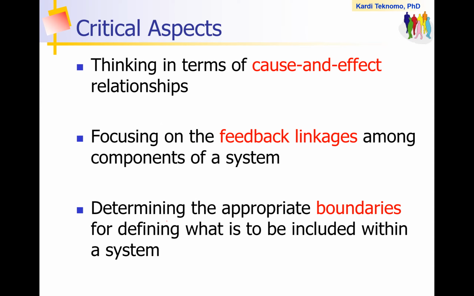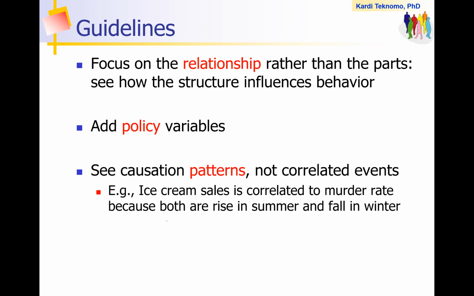Everything that is outside the system, that is not so related, you don't put inside. As a guideline, again, you focus on the relationship rather than the parts. Remember, the structure of the system matters.